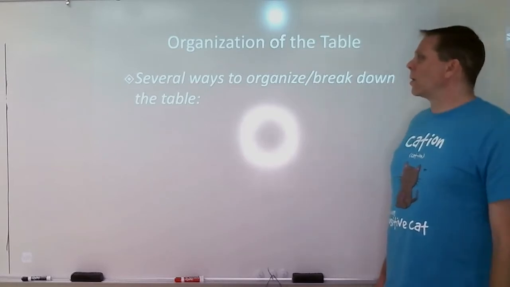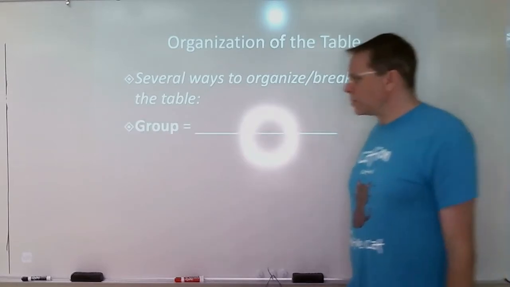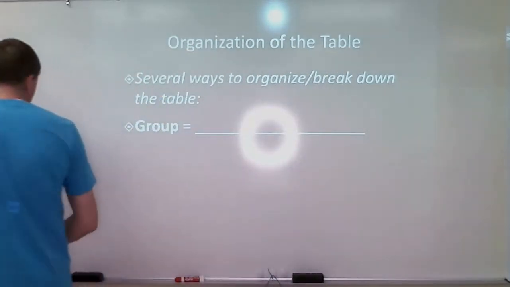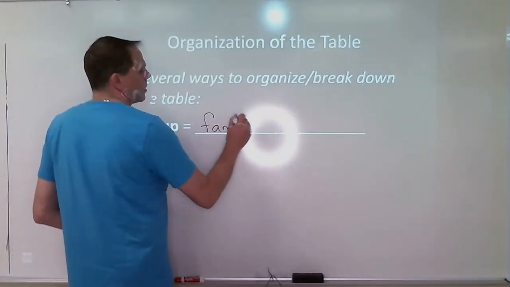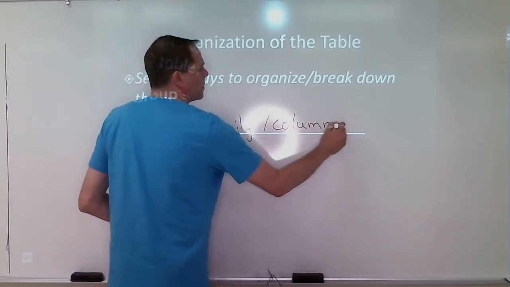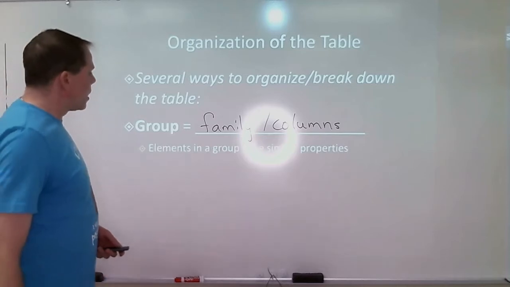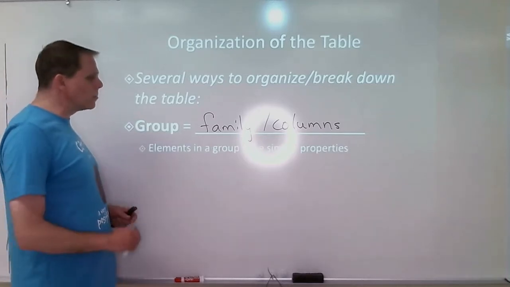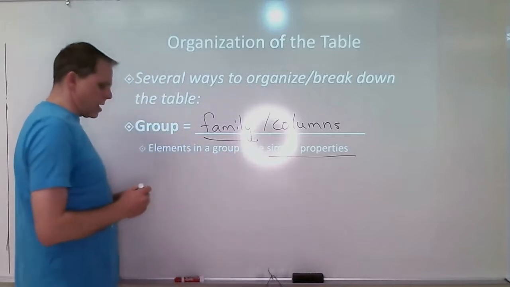There are different ways to organize or break the table down. One of them is by group, right? So another word for group is family, okay, or the columns. So we can talk about the organization based upon the families, and we have to remember that these have similar properties, and that's why we call it family, right?